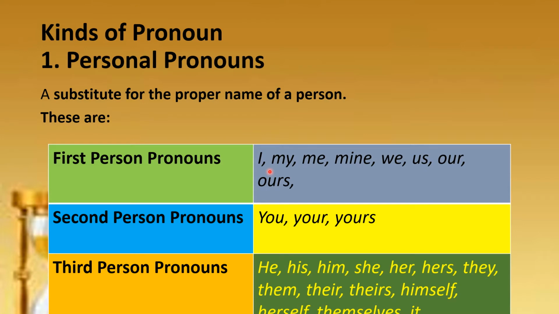The first person pronouns are I, my, me, mine, we, us, our, and ours. The second person pronouns are you, your, and yours. Third person pronouns are he, his, him, she, her, hers, they, them, their, theirs, himself, herself, themselves, and it.